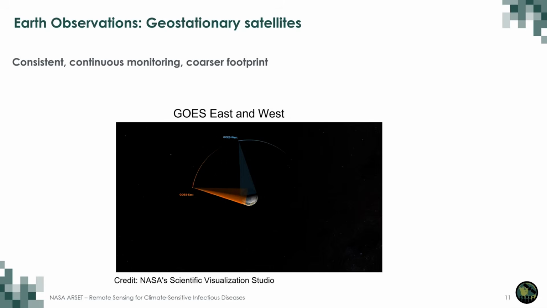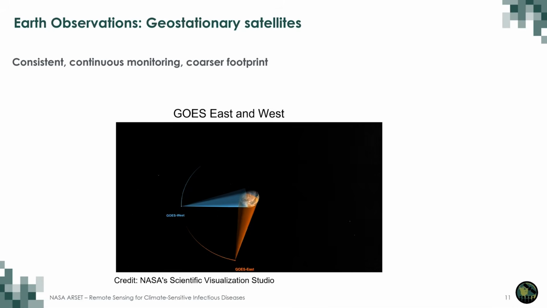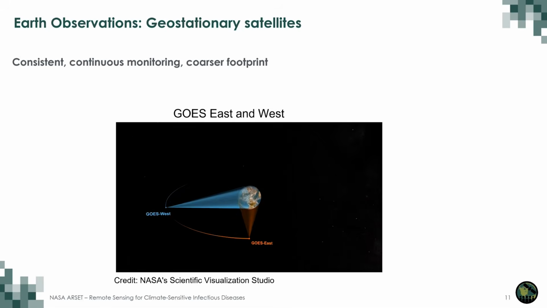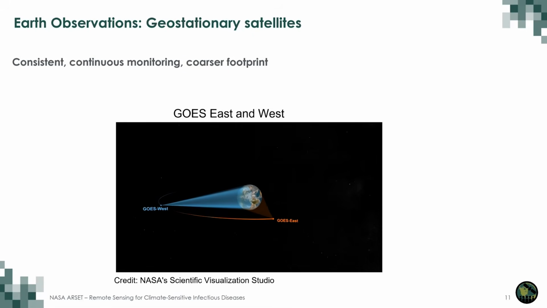So they are able to focus on exactly the same spot on the Earth's surface as the Earth is rotating around its axis. To get the geostationary satellites into that orbit, the orbit has to be much, much further away from the Earth compared to the polar orbiting.